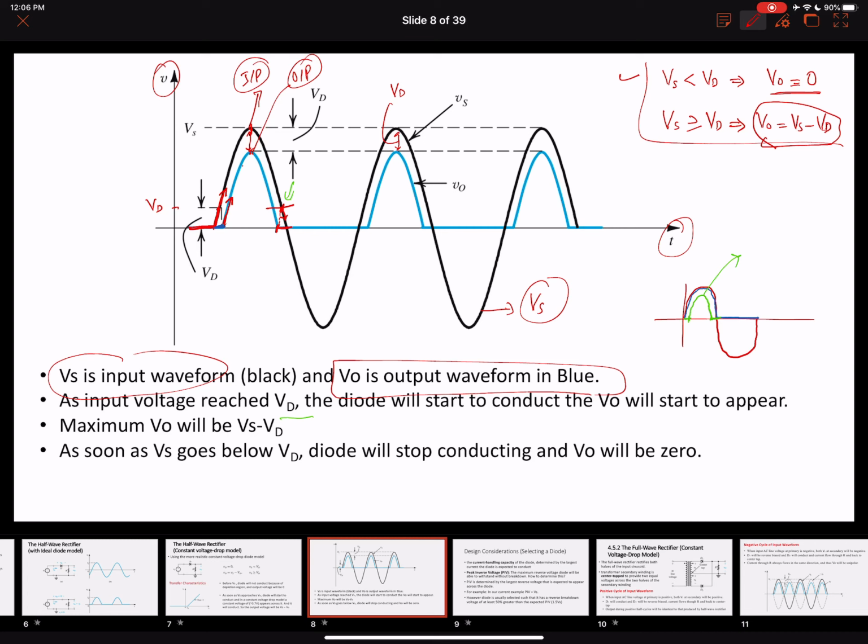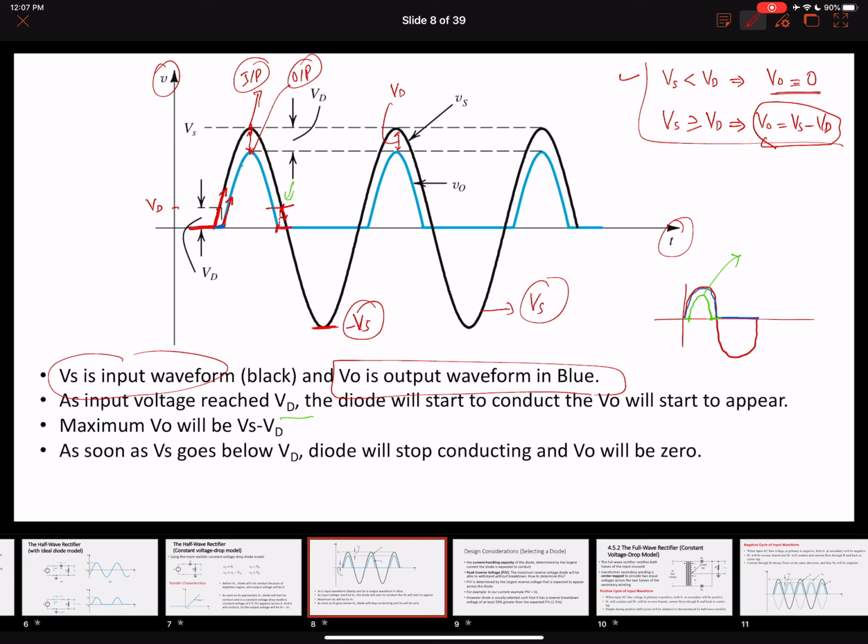And we saw that the diode will become reverse biased as long as the voltage goes down below 0 volts. So the maximum negative voltage that will appear across the diode will be this. So the maximum reverse voltage that is going to appear will be equal to the maximum negative of the waveform, in this case. So it will be equal to Vs.